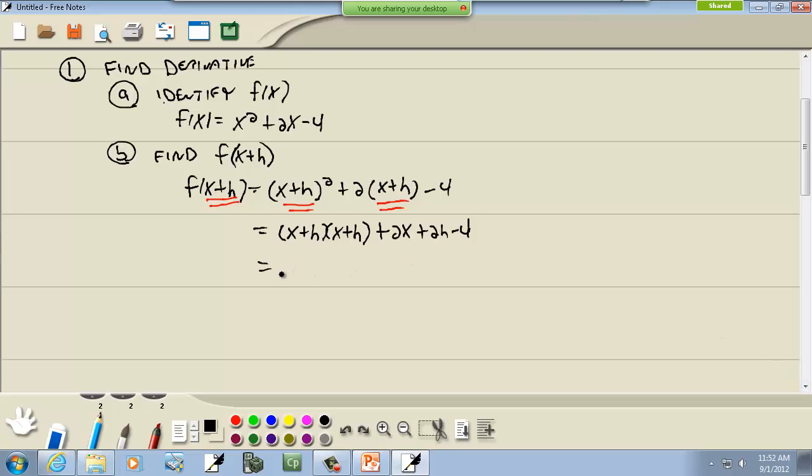Which gives us x times x is x squared, x times h is hx, h times x is hx, and h times h is h squared, plus 2x plus 2h minus 4. Combine together like terms, we got hx plus hx, which gives us x squared plus 2hx plus h squared plus 2x plus 2h minus 4.